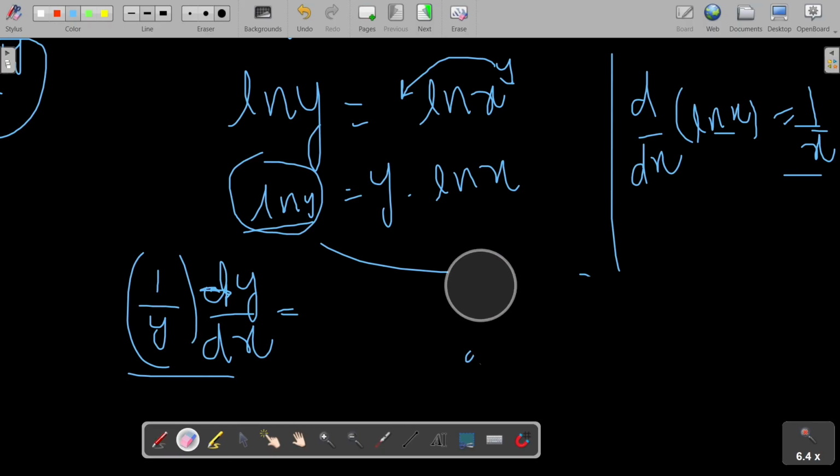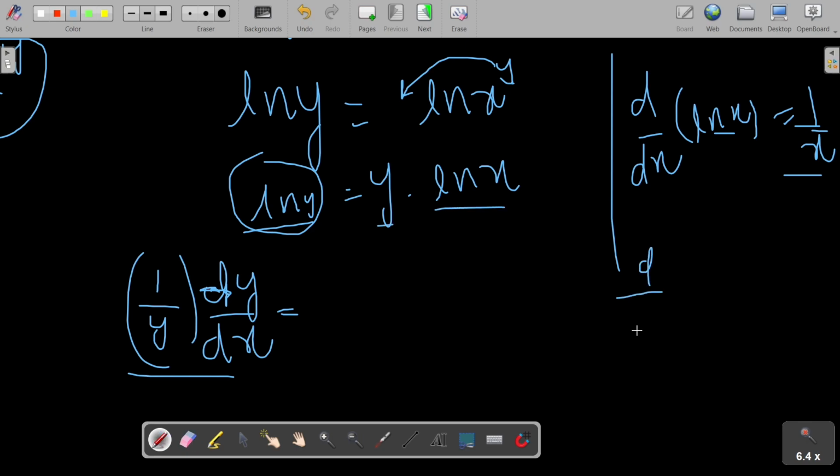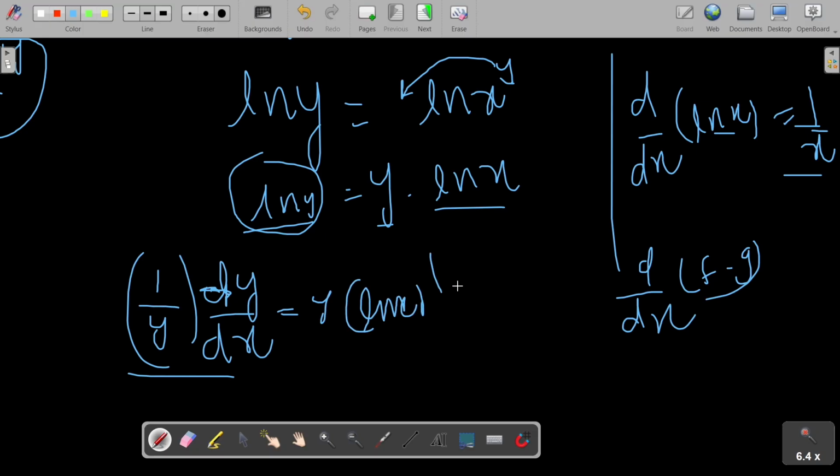So yeah, it's like that. And these two are like d by dx of f times g, so we can use the product rule here. So y ln x prime is y ln x prime plus ln x times y prime. Y prime is simply dy by dx.